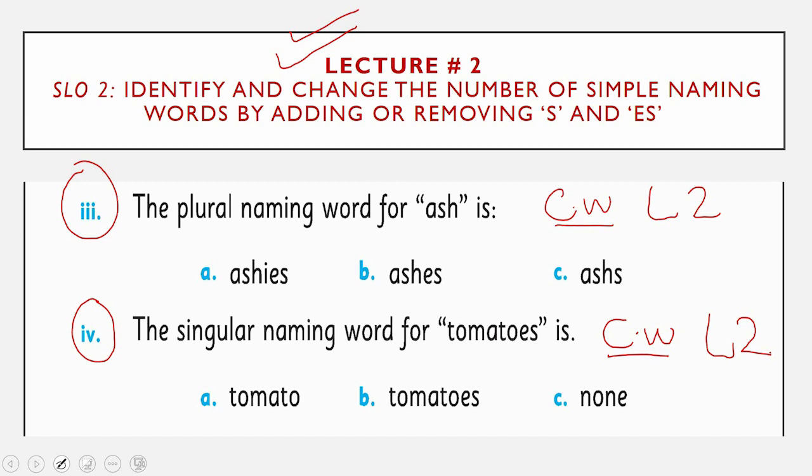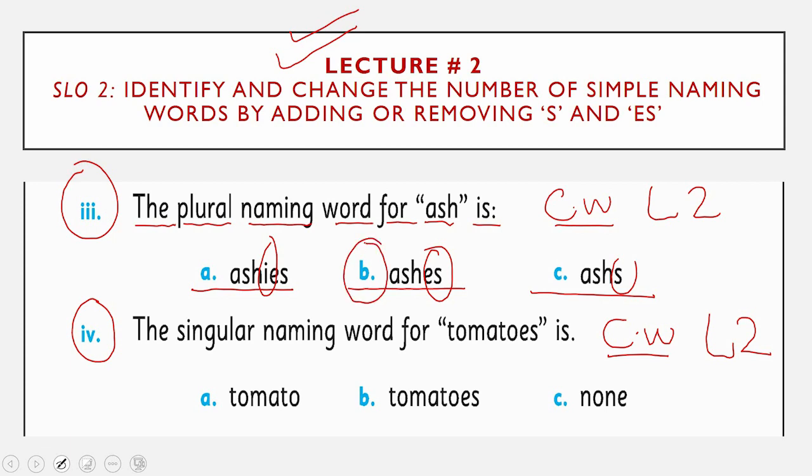Now I'm going to read out loud each sentence. The plural naming word for ash is option A, ashs, option B, ashes with an ES. The plural naming word for ash is option B, ashes with an ES.